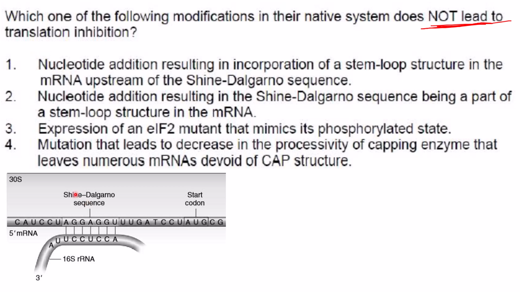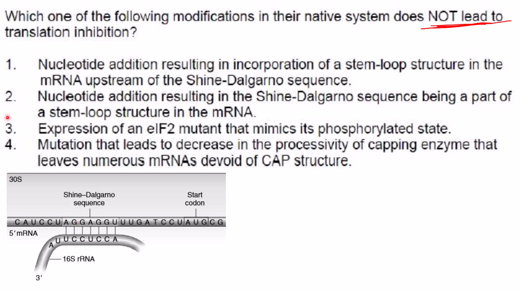And this is the Shine-Dalgarno sequence. It is found upstream of the start codon. And this will help in the binding of the small subunit of the ribosome to your mRNA. And this is found in prokaryotes mostly.